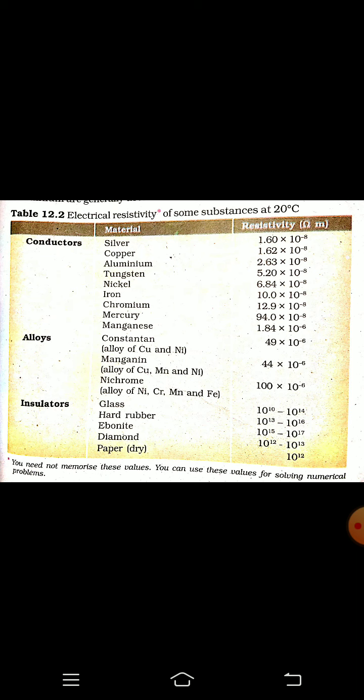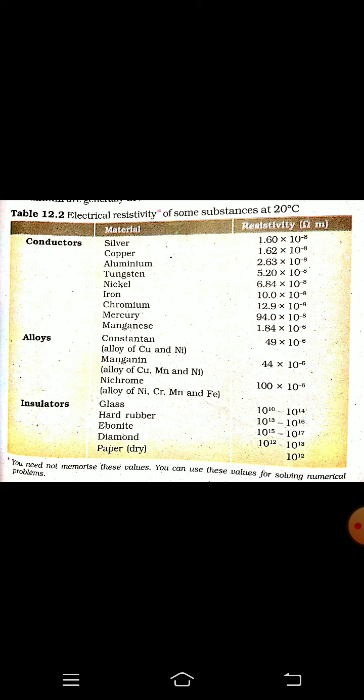So tungsten is used almost exclusively for filaments of electric bulbs, whereas copper and aluminium are generally used for electrical transmission lines. We have seen that there are copper wires and aluminium wires for passing electrical current.